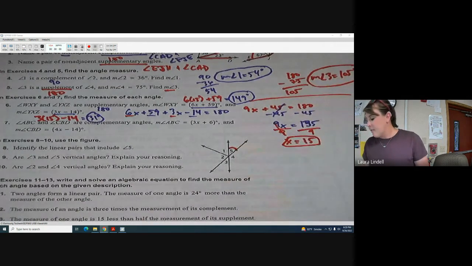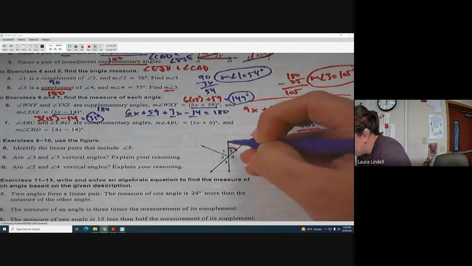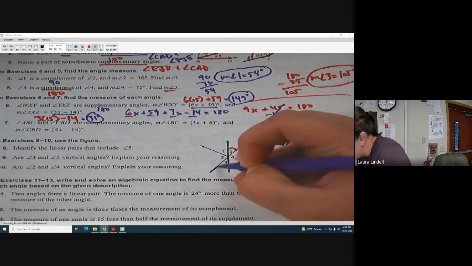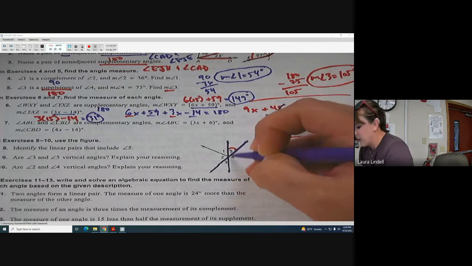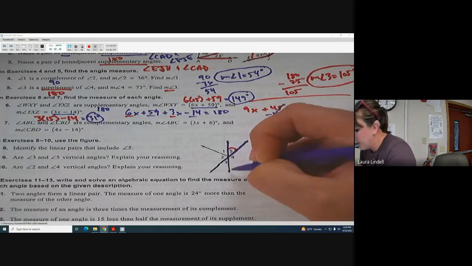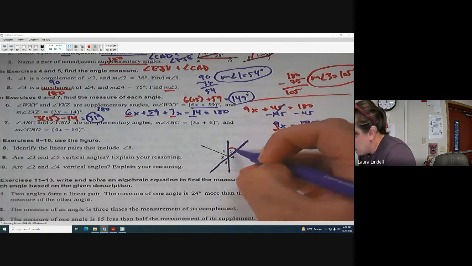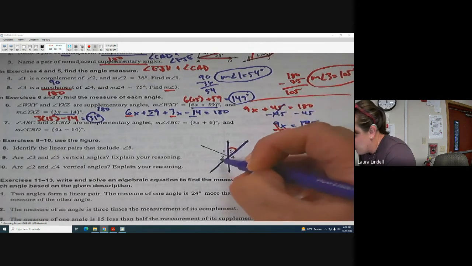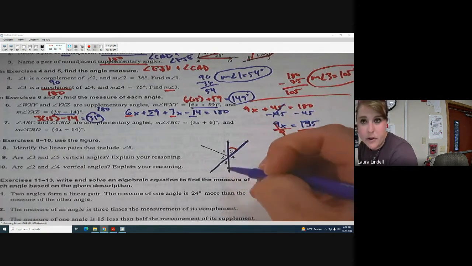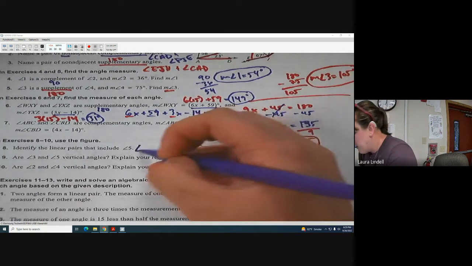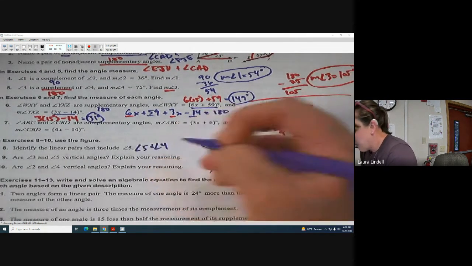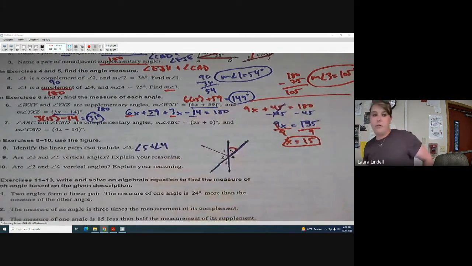If we look at the lines that angle 5 is on, there's really only one. 5 and 4 make a linear pair. They make this straight line here. You could make a linear pair with 5 and this other angle over here, but it's not really named all on its own. So on this one, I would probably just say angle 5 and angle 4. That would be a linear pair that includes angle 5.